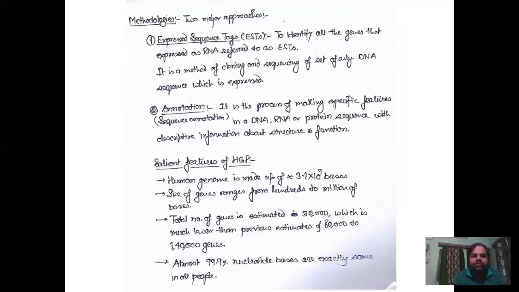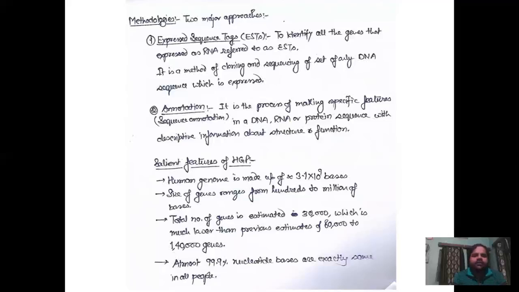The gene which expresses is called an EST, Expressed Sequence Tag. It is a method of cloning and sequencing only the DNA sequences which are expressed. So they took only those sequences which were expressing.